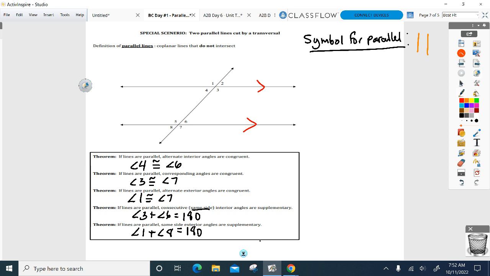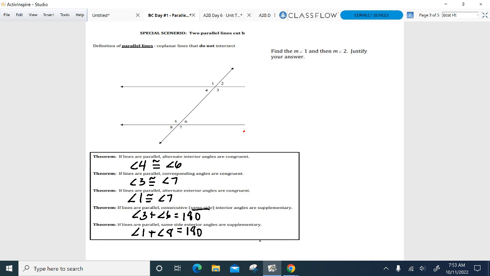Okay, questions? Know what their name is. Know if they're supplementary or congruent. The same side ones are always supplementary. Remember that. All right, let's try some out.